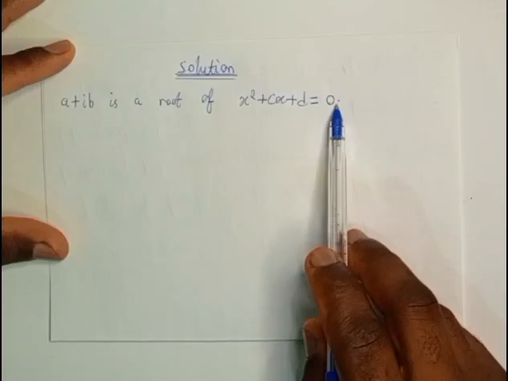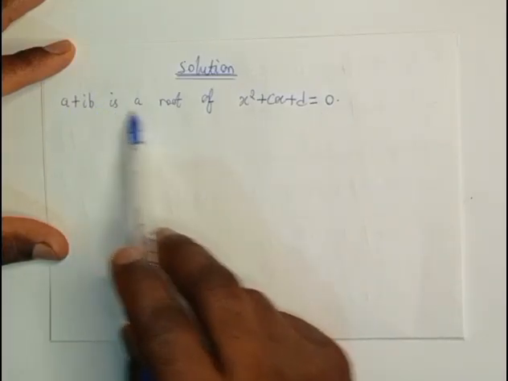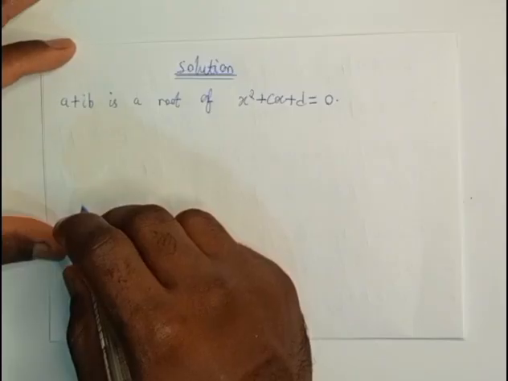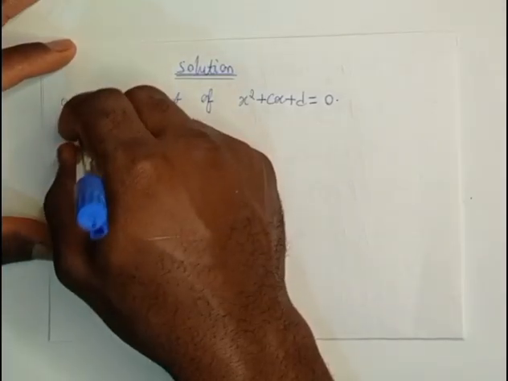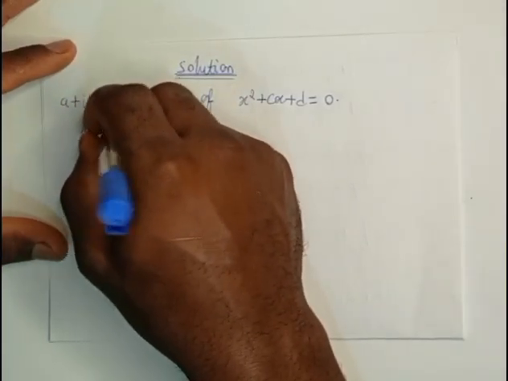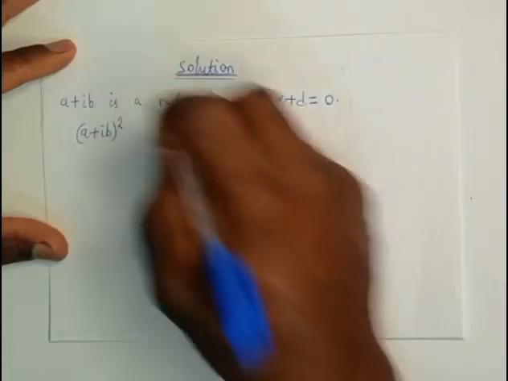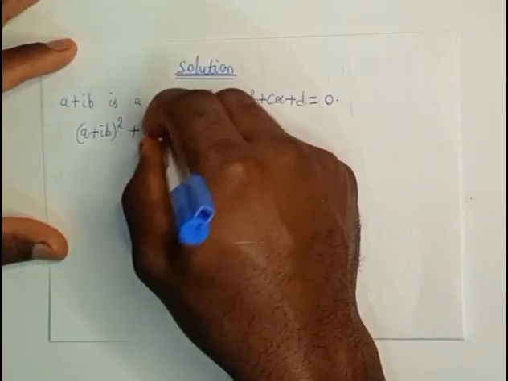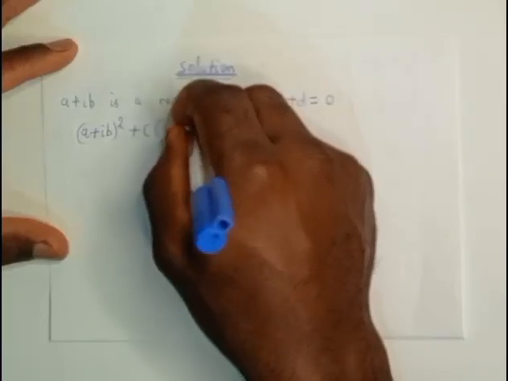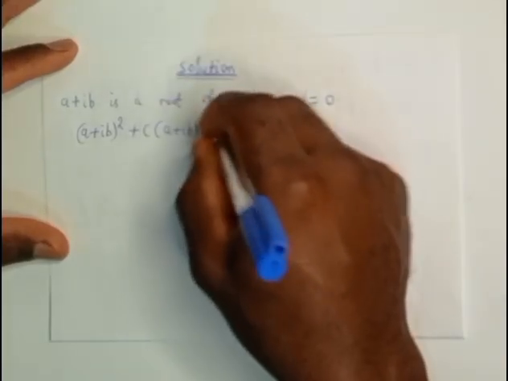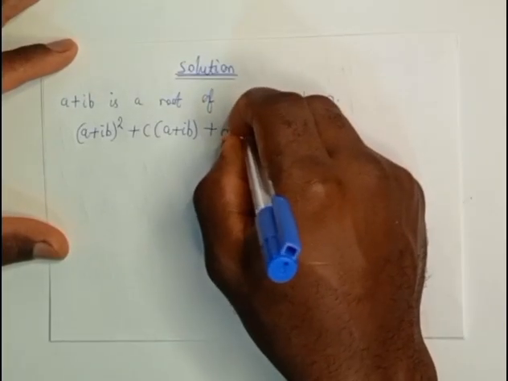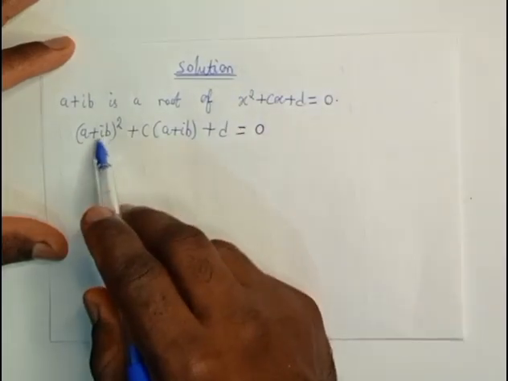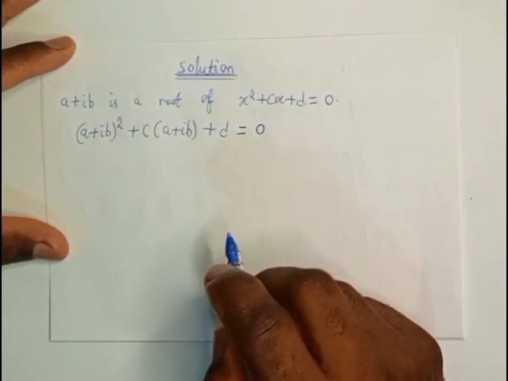That's what it means, since a plus ib is a root. Now replacing x with a plus ib, this will give us (a plus ib) all squared plus c times (a plus ib) plus d, and we equate it to 0 because a plus ib is a root of the quadratic equation.